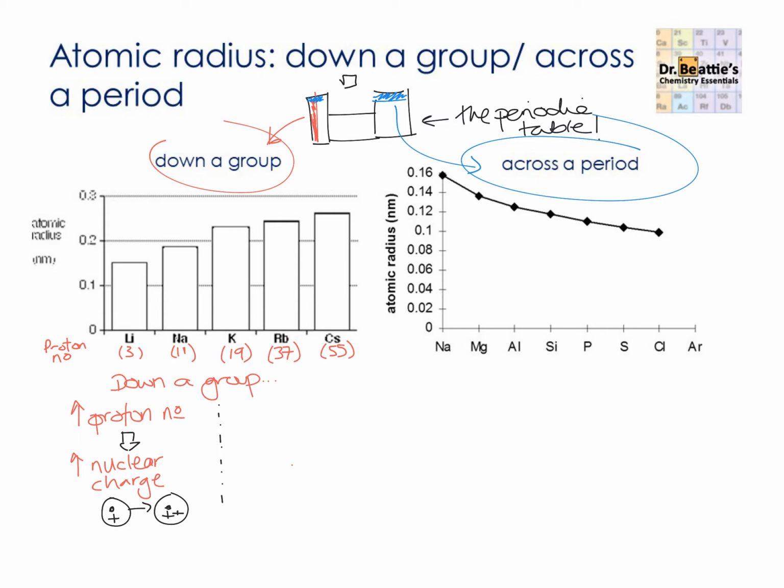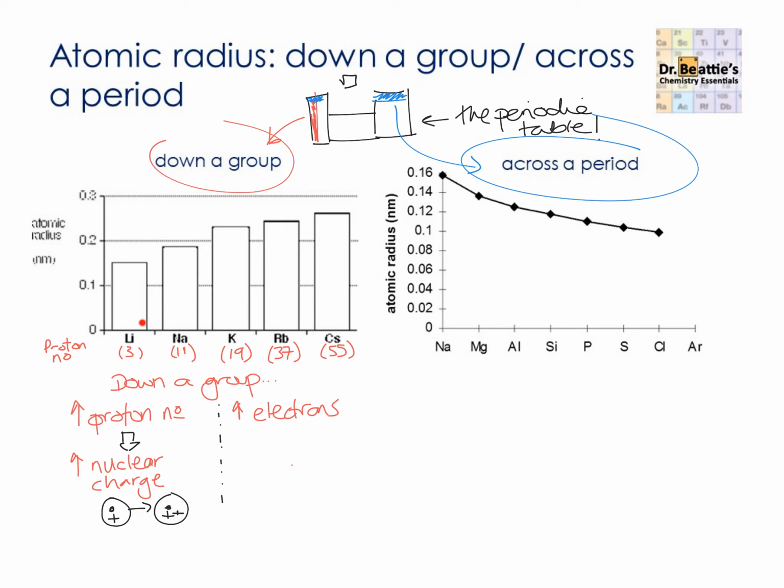The other important thing to note is that if we increase the proton number, we not only increase the number of protons, we also increase the number of electrons.